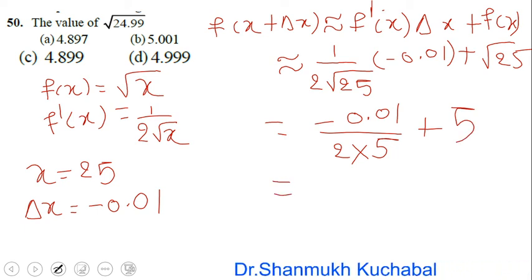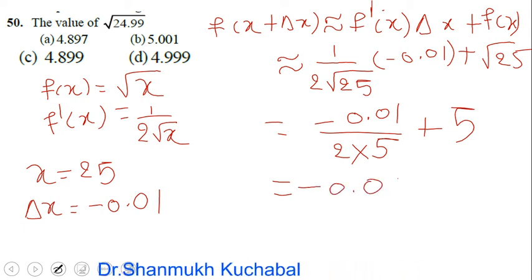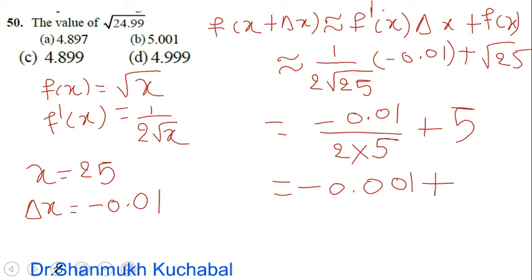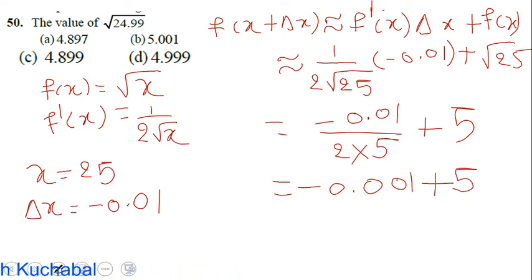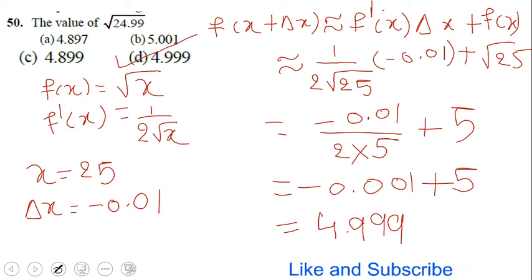The first term simplifies to minus 0.001, and the second is 5. So 5 minus 0.001 simplifies to 4.999. Therefore clearly option D is the right answer here.